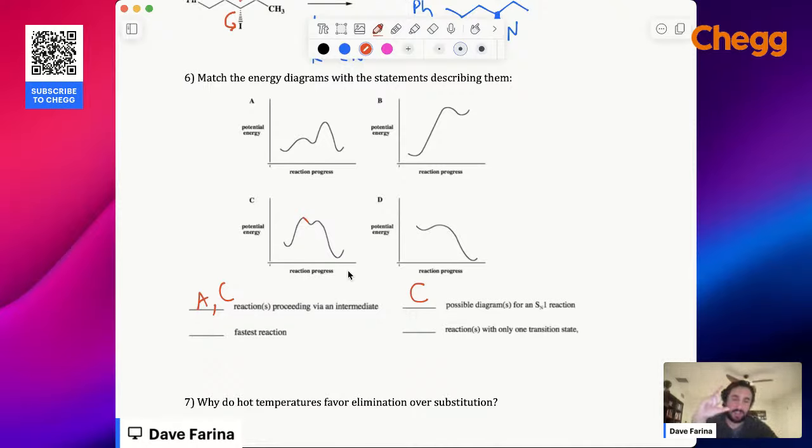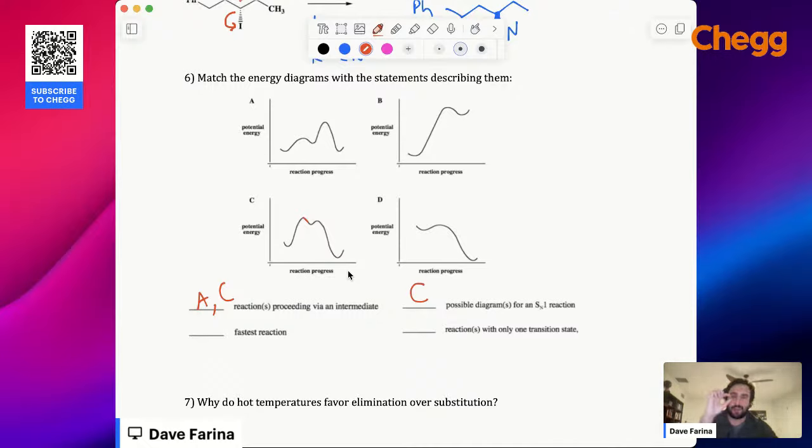If the activation energy is very, very high, that means that only a small proportion of the collisions will have enough energy to get over the reaction barrier and go to products. Let's say the activation barrier is so high that only 1 in 100 collisions has enough energy for the reaction to occur. That means it's going to have to react for a very, very long time, because only 1 in 100 collisions will promote the reaction occurring.